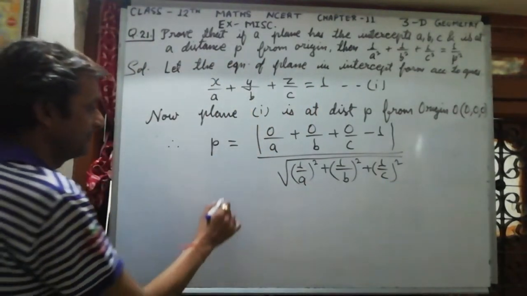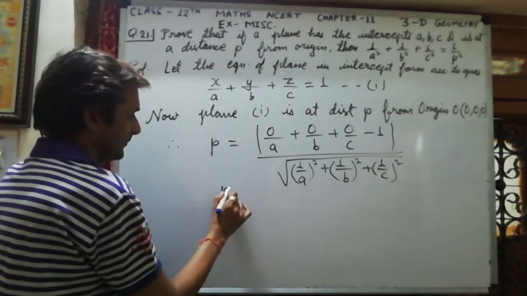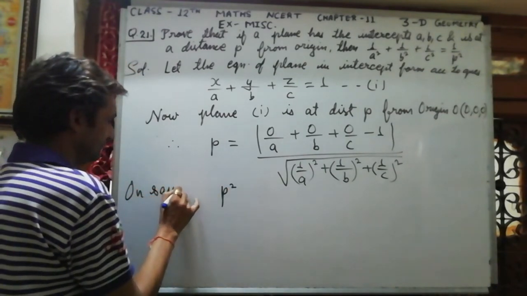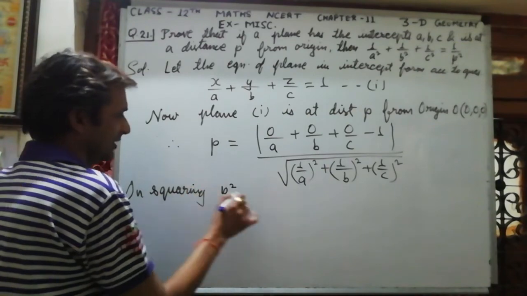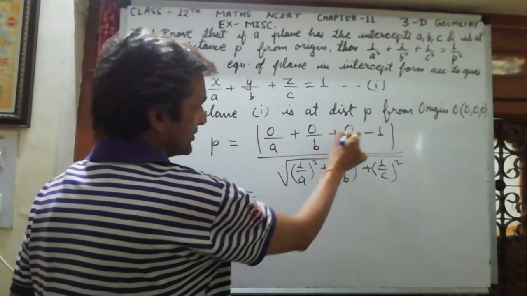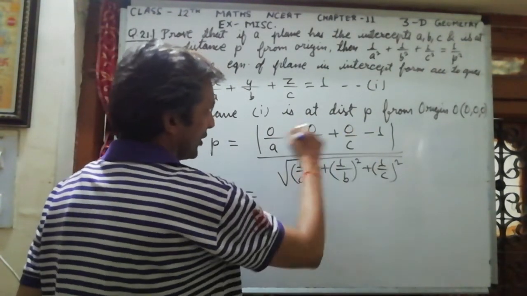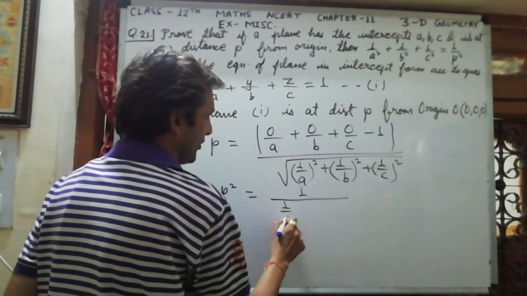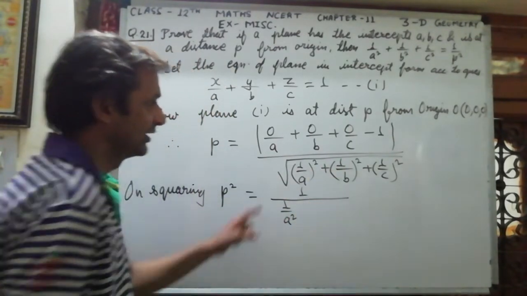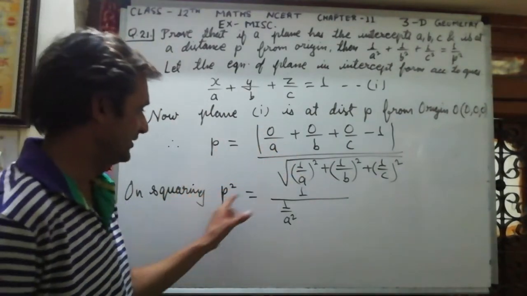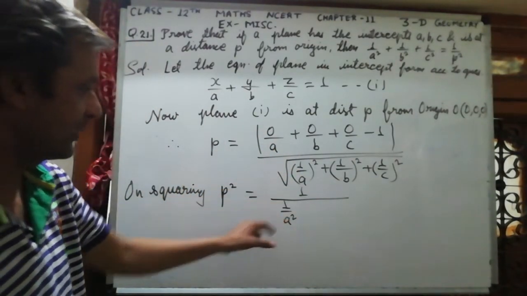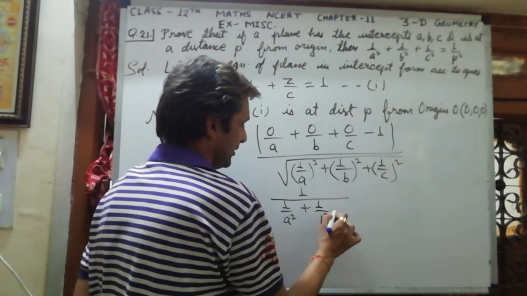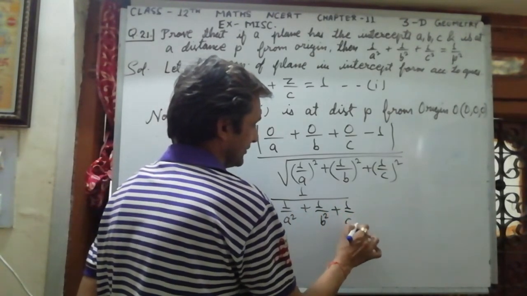So on squaring, p square is equal to 0 plus 0 plus 0 minus 1, mod of minus 1 is positive 1, upon 1 upon a square plus 1 upon b square plus 1 upon c square, because the root is removed when we square both sides.